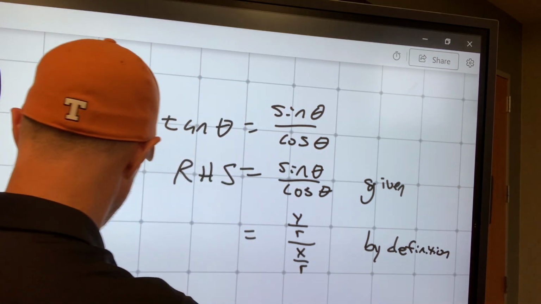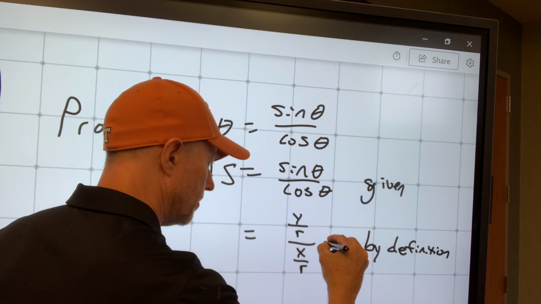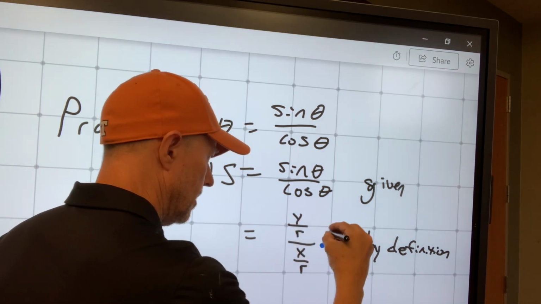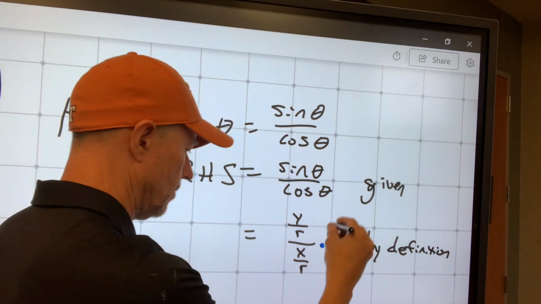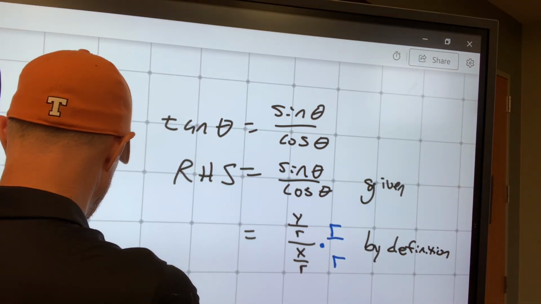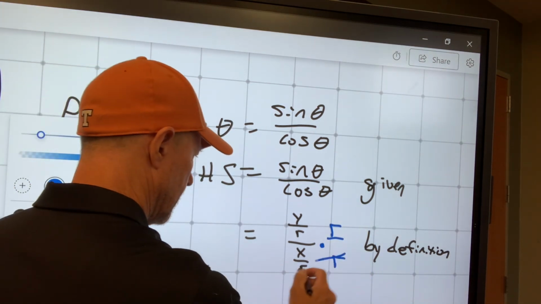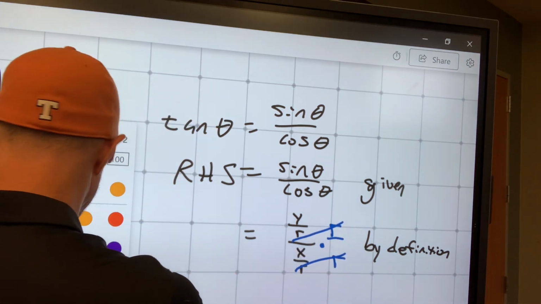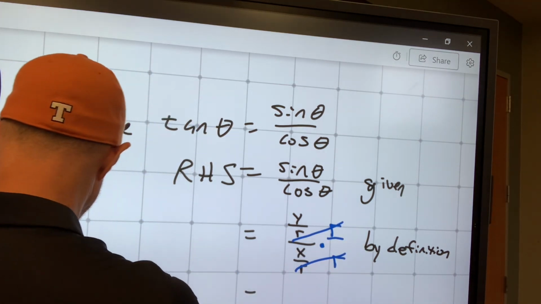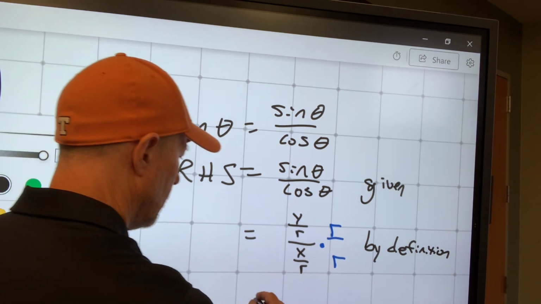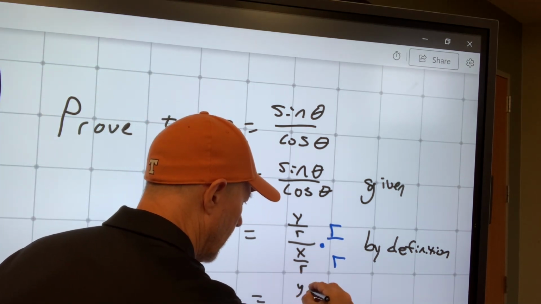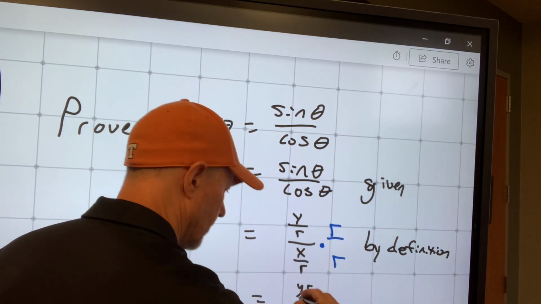Now, what I'm going to do next is multiply this fraction by 1. I'm going to use r over r. That's a 1. But I use that because I see these will reduce. So I get, or maybe I shouldn't, let's not do it that way. Let's go ahead and do the multiplication. So we get y over r times r, because r times y over r is y.